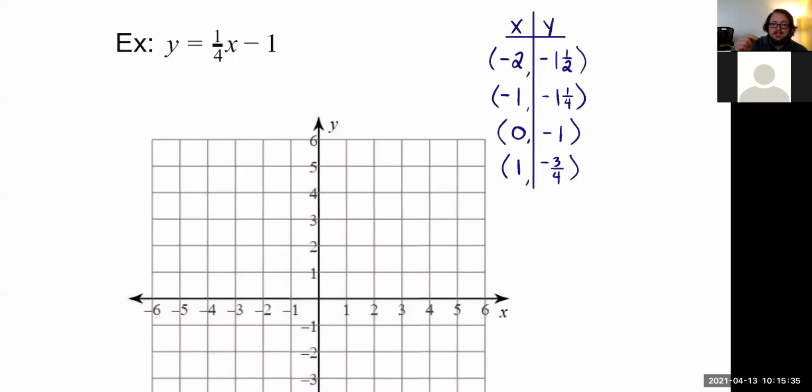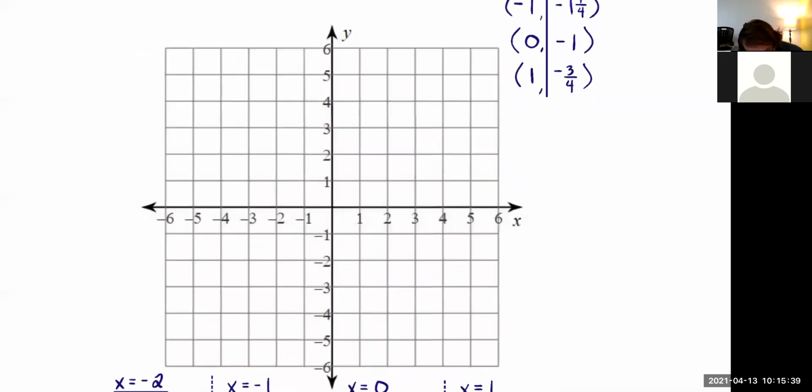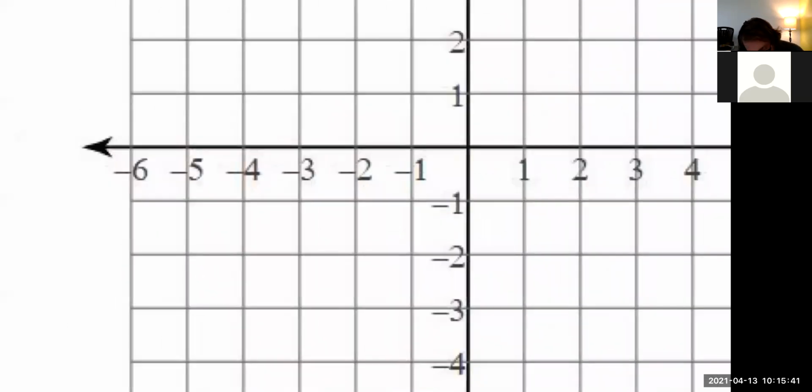It is negative, so technically we will go down 1.5. I'm going to zoom in here because it helps to see it. We're going left 1, 2 units, and then we're going down not just 1, but half a unit more. So we're not going to make it to -2 going down. We're going to be in between the -1 and -2 marks.